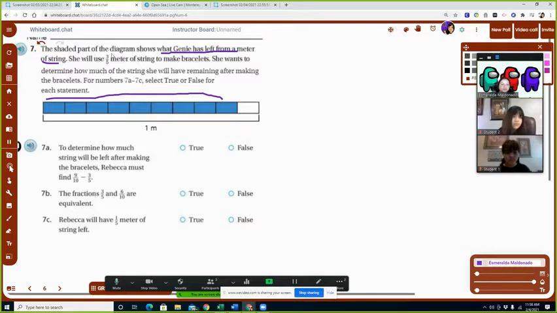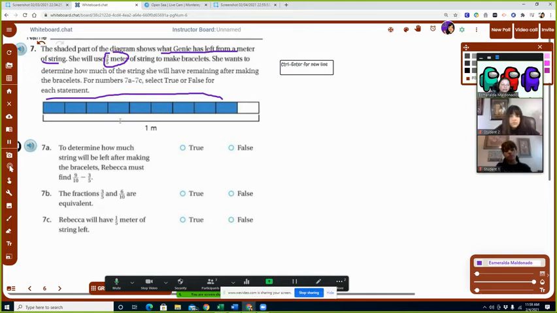She will use 3/5 meter of string to make bracelets. She wants to determine how much of the string she will have remaining. So she wants to know how much there will be left after making the bracelets. Remember when we have word problems, it's very helpful to write that information that we have.